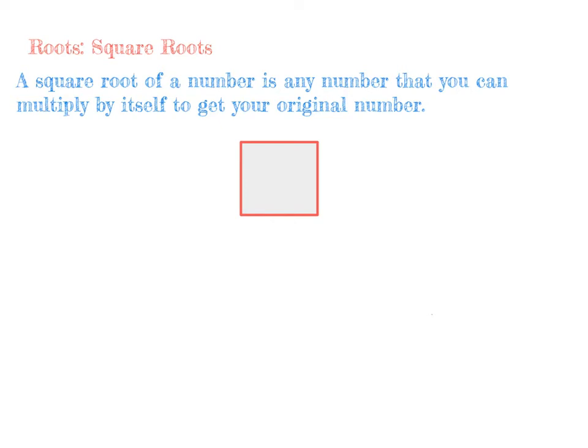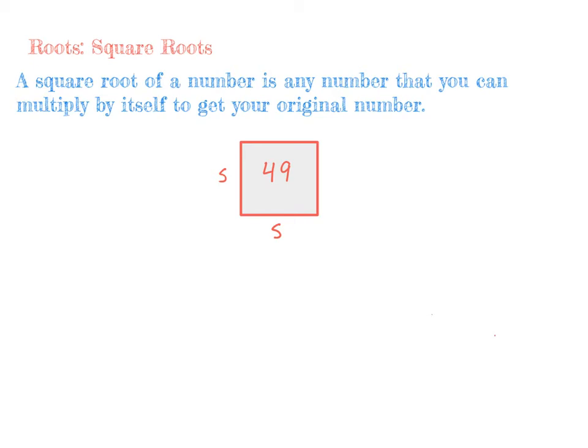In page 12, you're given a square with length s and height s. So base or height both equal to s. Now they're telling you that the area inside the square is actually 49. We know that the formula for the area is side squared or length times width.